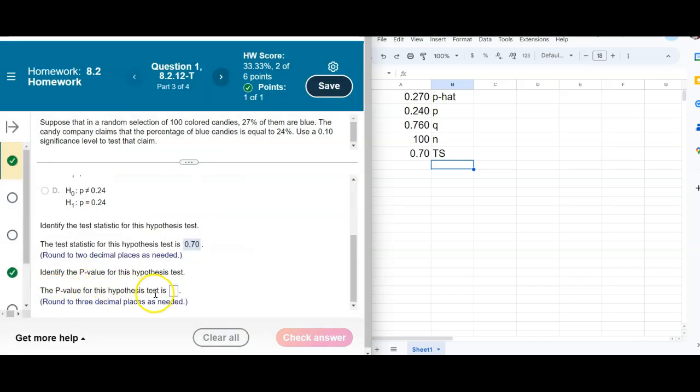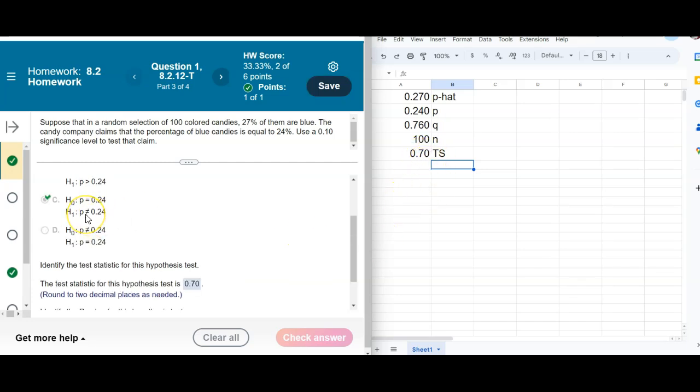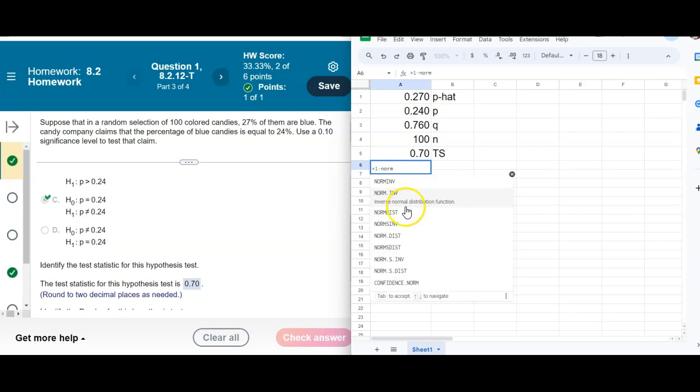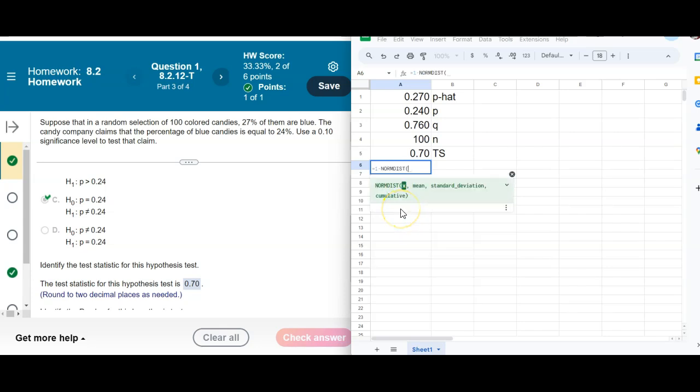Now the p-value for this. This is a critical Z, and it is a not equal to. So we're going to do equals. The 0.7 is in the right tail. It's above 0, so it's in the right tail. So I'm going to need to do 1 minus norm dist to get the right tail, which is what the p-value is.